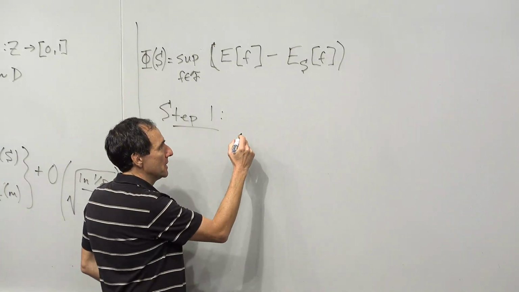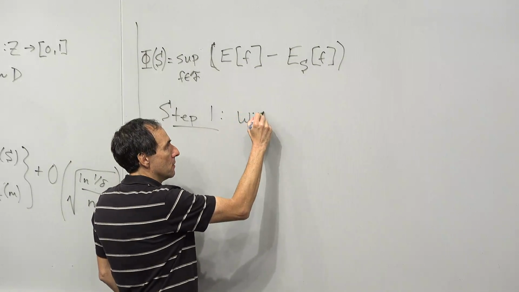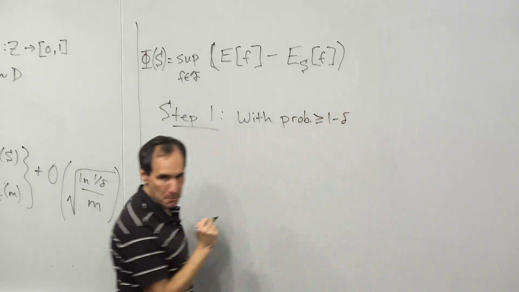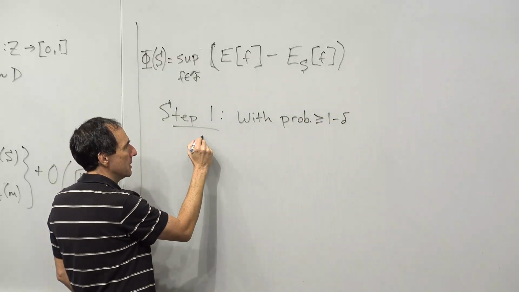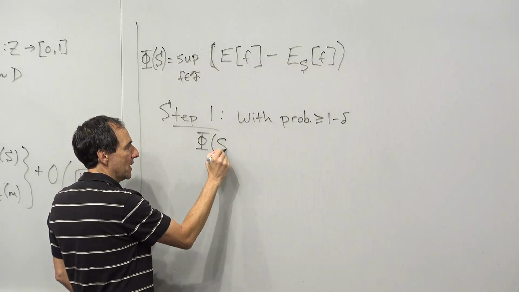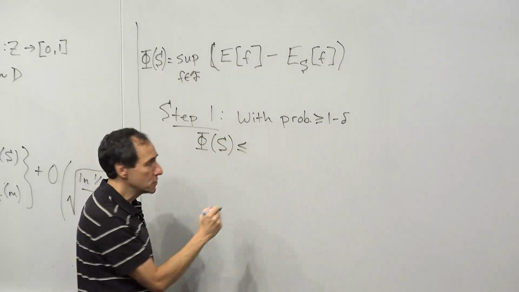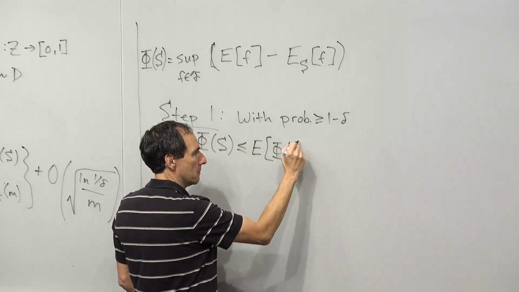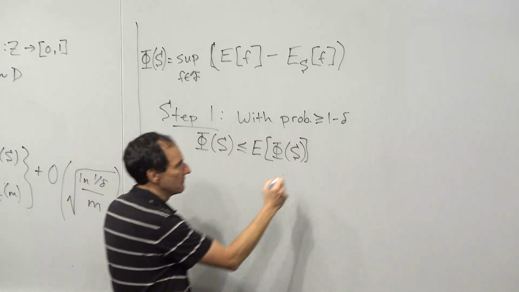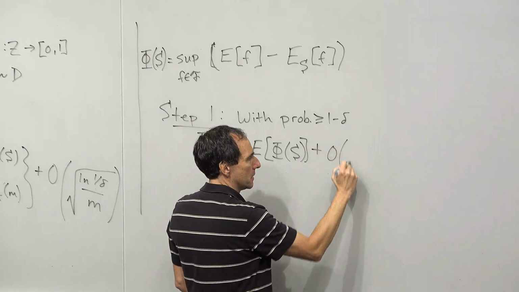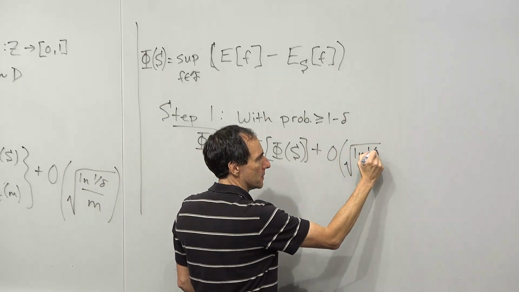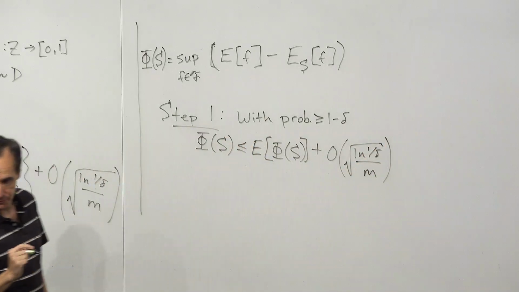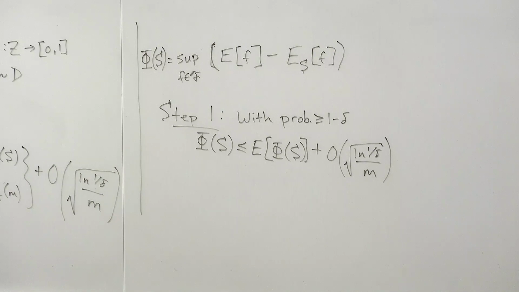So the first step is to show that with probability at least 1 minus delta, probability over the sample s, it's the case that phi of s cannot be much larger than its expected value. It's at most its expected value plus, I'll ignore constants, although they're not hard to fill in, log 1 over delta over m. Okay, this is the claim.